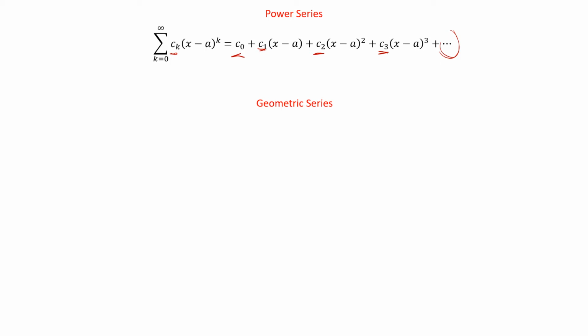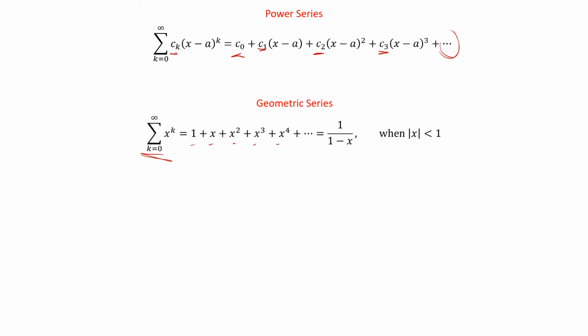We can replace the r with an x to get something closer to a function. So the geometric series, we're looking at k equals 0 to infinity of x to the k. So we get x to the 0 plus x to the first plus x squared plus x cubed plus x to the fourth plus dot dot dot.